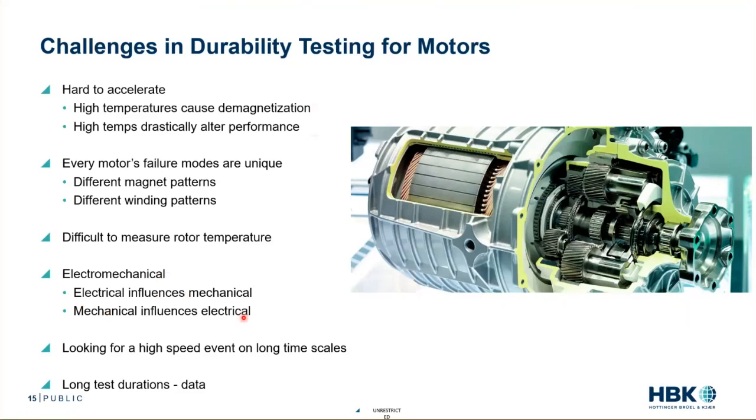This bearing failure, mechanical failure, is being caused by high currents running through them. This winding turn-to-turn shorts is caused by a temperature, a vibration. So we have that mechanical affecting that electrical. So it's just something to consider that we need to see the whole picture.